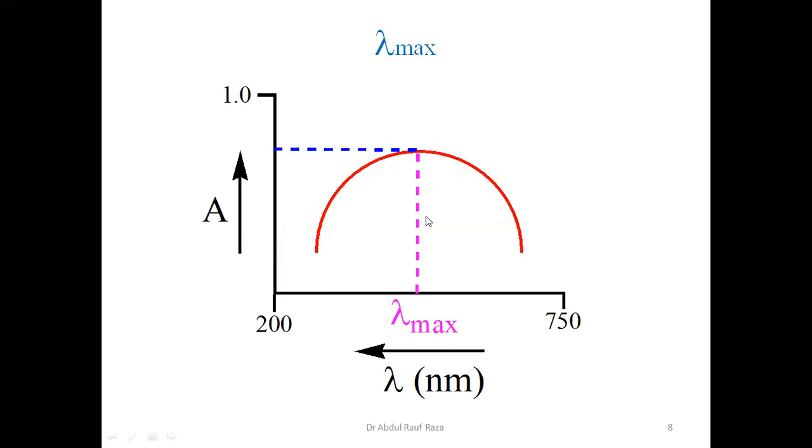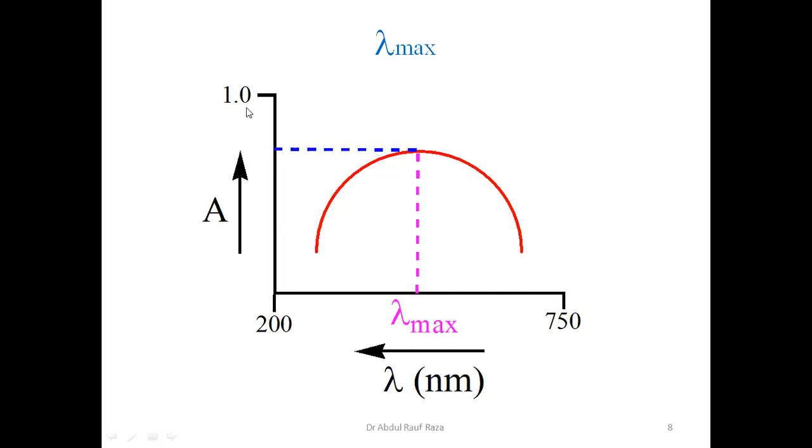So here we use the terminology: the wavelength where absorbance is maximum. You see, this is a point on this curve where, if I draw a tangent to the x-axis and y-axis both, this is called the absorbance value, which is from 0 to 1 maximum, because 1 means 100% absorbance, that is, zero transmittance.